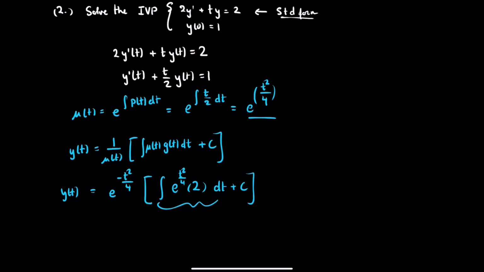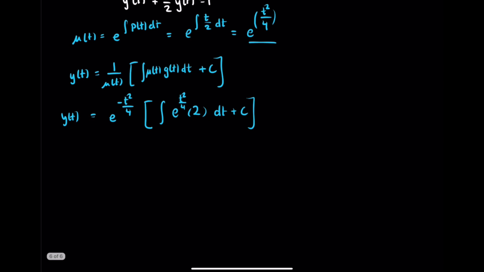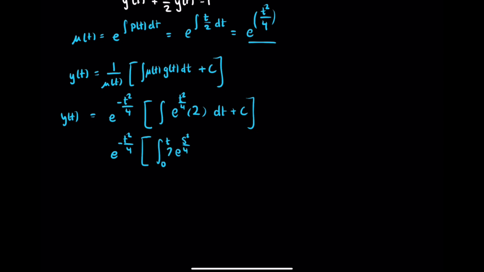So you have to leave it like so, and basically the bounds of this integral you would have to write. We could rewrite the bounds to make it a bit more clear, going from 0 to t of e to the s squared over 4 ds.